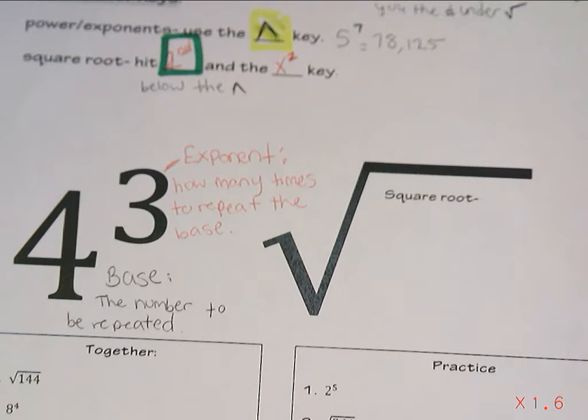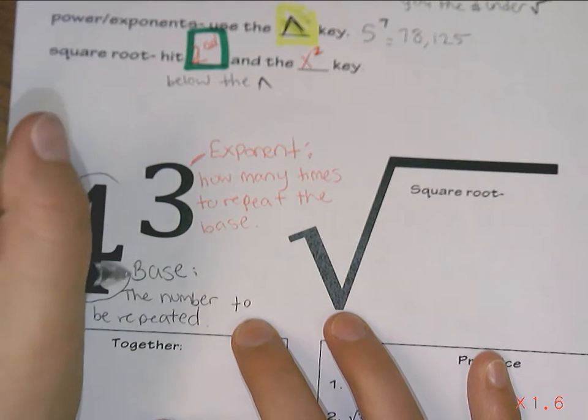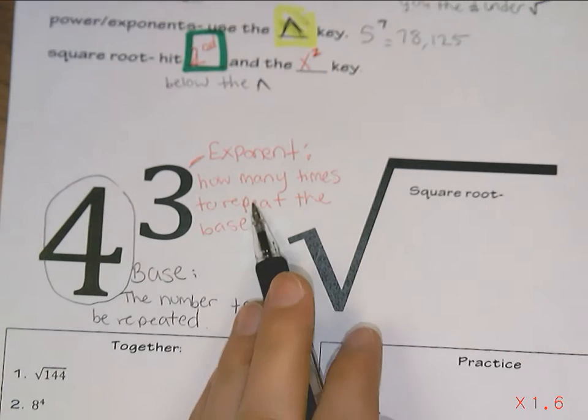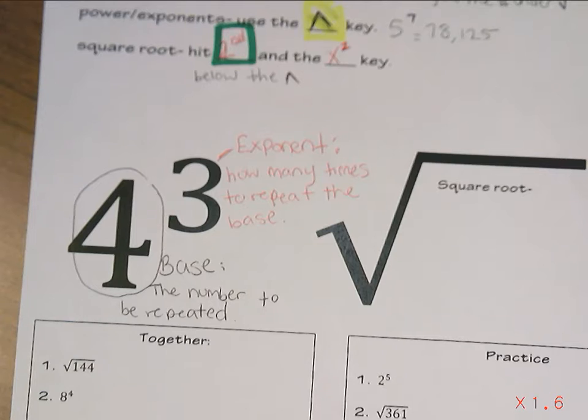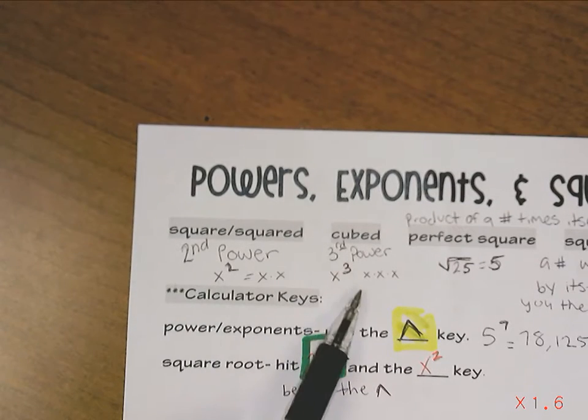If you look up in my classroom on my vocabulary wall, for B I actually have base, and I have this circled. Because that's the base of the number, and the exponent's how many times you're going to multiply the base by itself. For example, in this case it'd be 4 cubed.